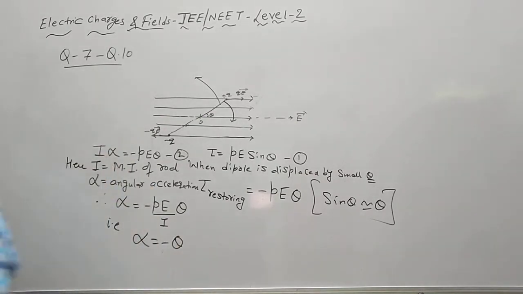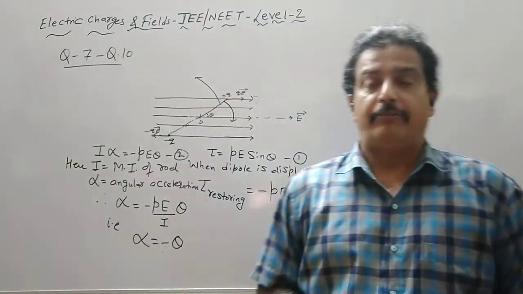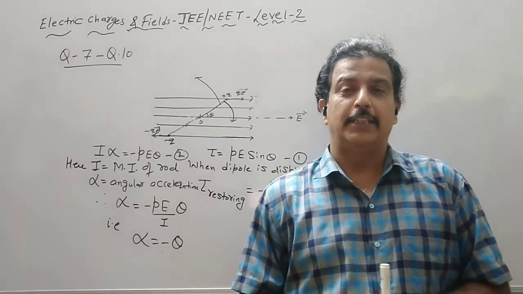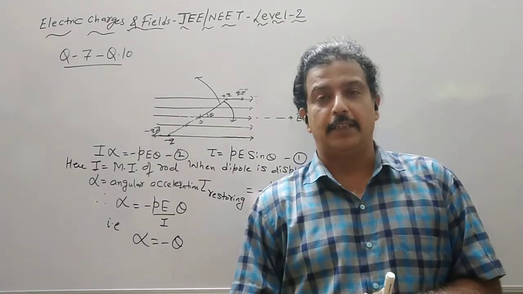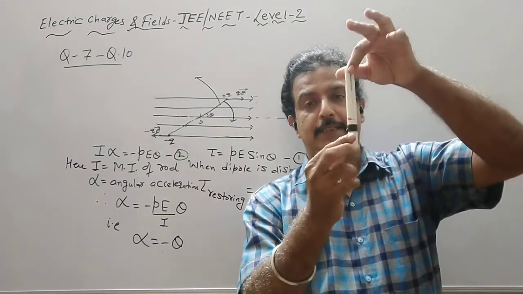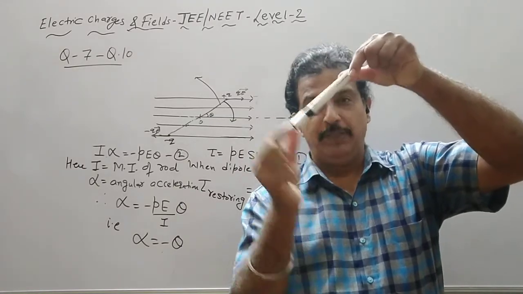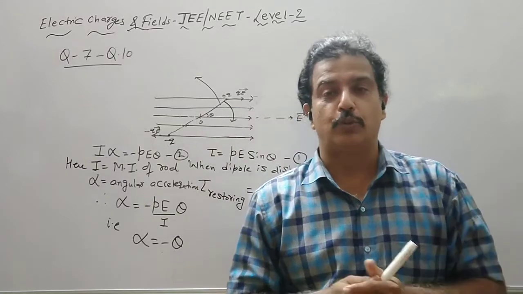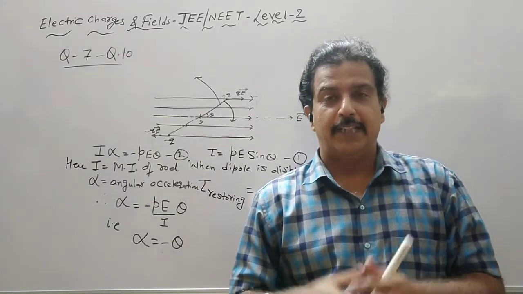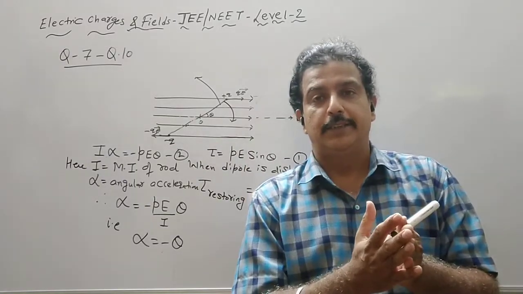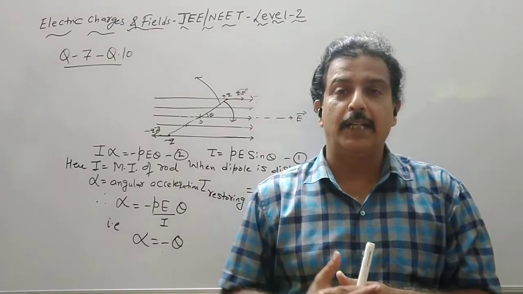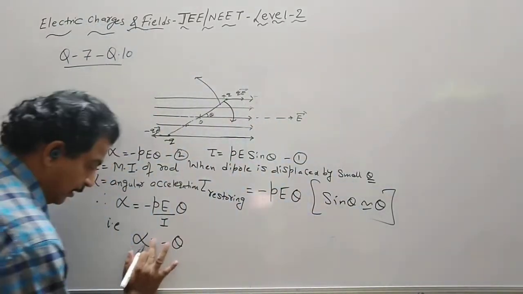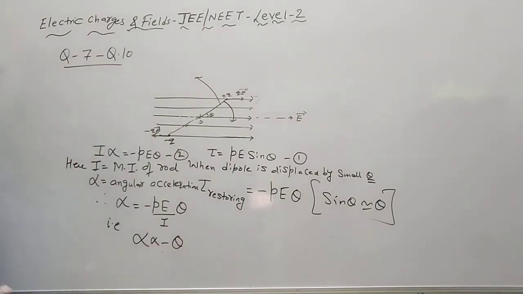If you remember the definition of simple harmonic motion, the force or acceleration is directed towards the center. So if you try to displace a body from its mean position, its acceleration or its restoring force is towards the center, that is towards the mean position, which is opposite to our displacement. So here angular acceleration is proportional to minus theta.